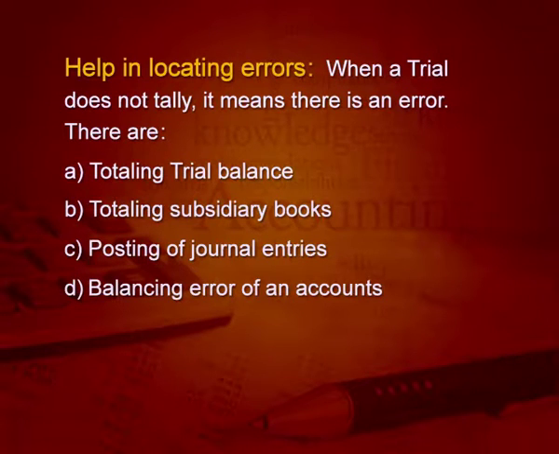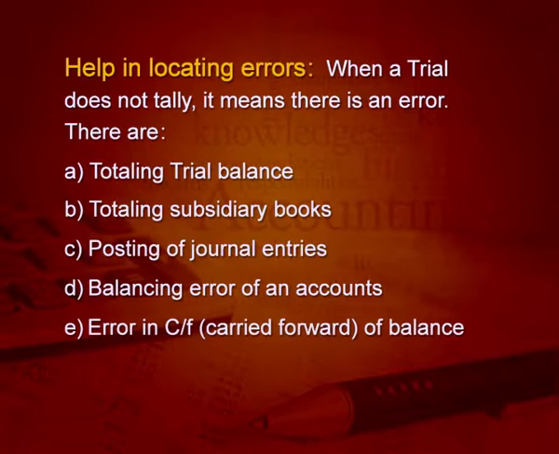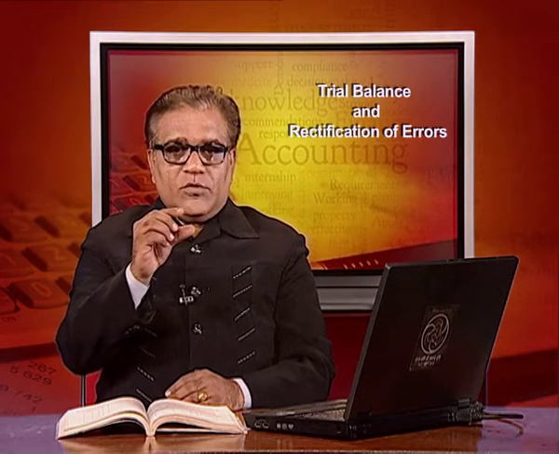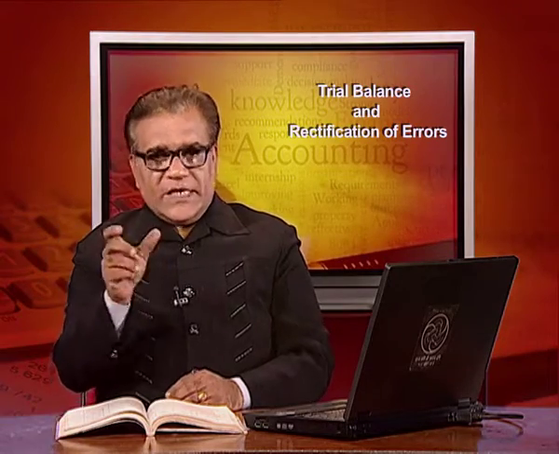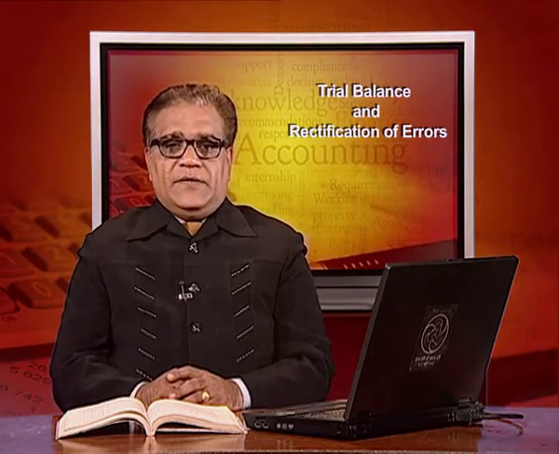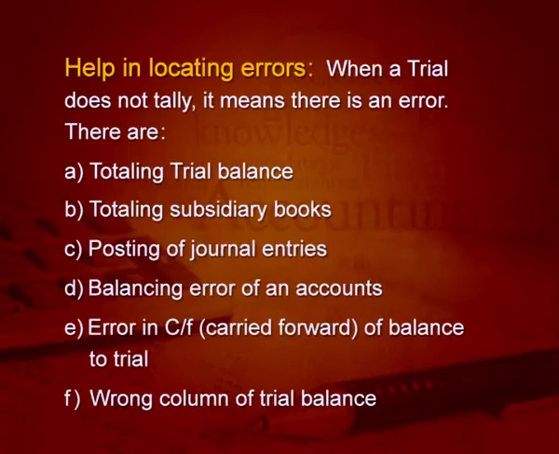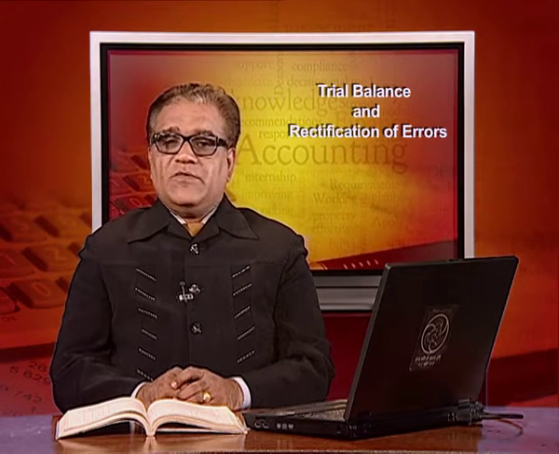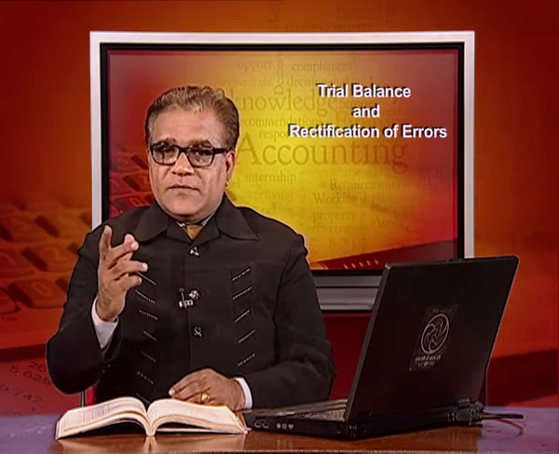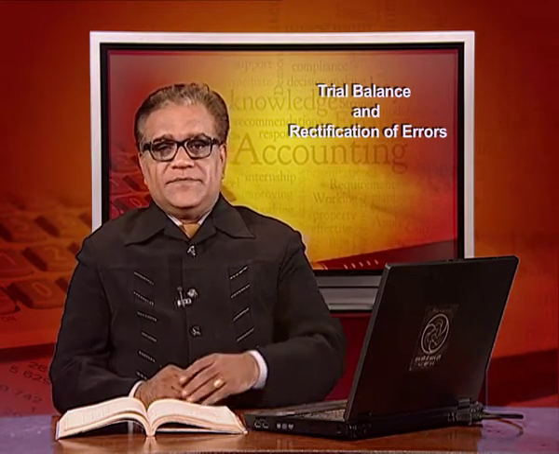Next, there can be an error of balancing of an account, and the next error can be in carry forward of the balance to the trial balance, like account balance to the trial balance, there can be an error. And next one, wrong column of the trial balance. Suppose instead of debit I am writing in credit, so that can be the case.